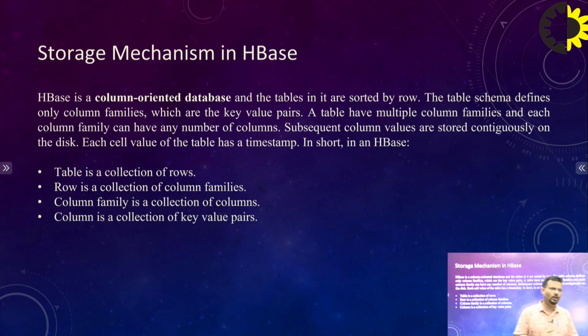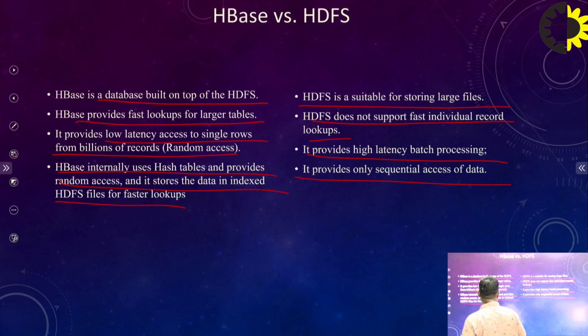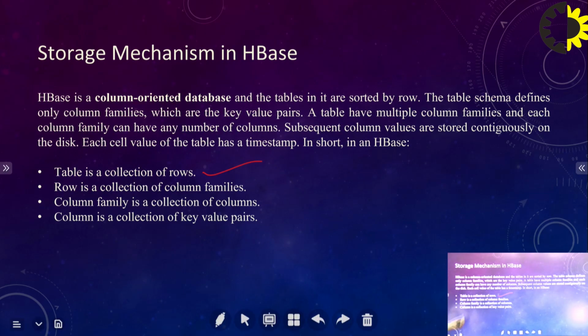Each cell value of the table has a timestamp. So here, a table is a collection of rows. A row is a collection of column families. A column family is a collection of columns. A column is a collection of key value pairs. These concepts are used in the storage mechanism in HBase.